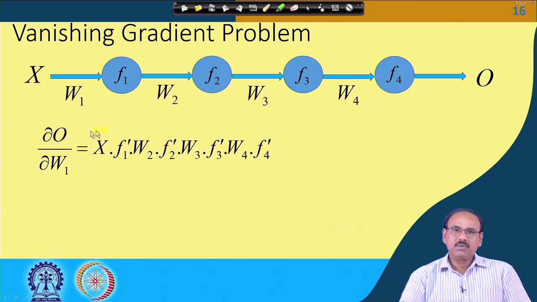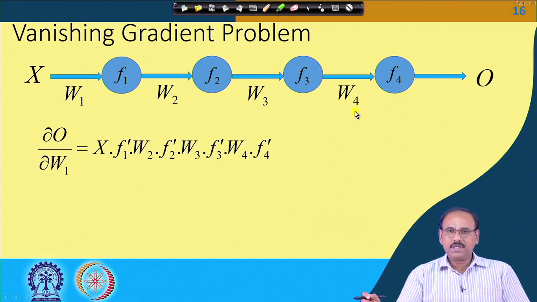So, suppose in this case we are trying to update the parameter W1. I have to compute del O del W1. And if you compute it following this chain relation in this function, you find that del O del W1 will be x into f1 dash into W2 into f2 dash into W3 into f3 dash into W4 into f4 dash.